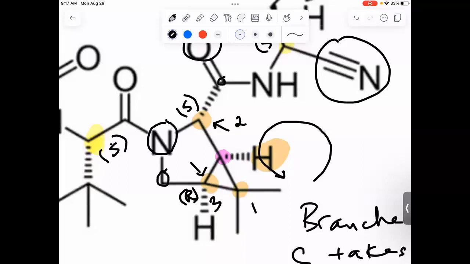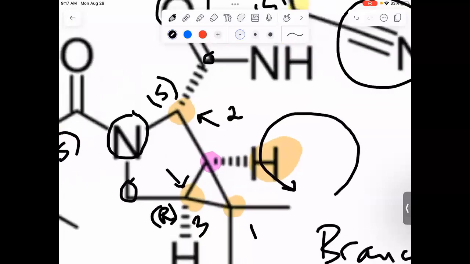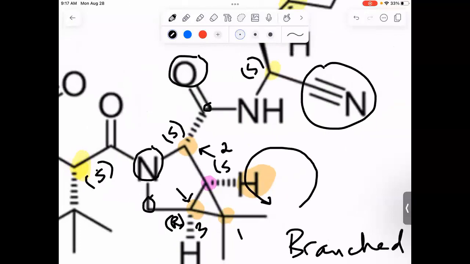Do I keep it? If H is already back, I keep it. So if it's counterclockwise, that means that other stereo center right there is what? R or S? Counterclockwise, remember, is left-handed, sinister, and then right-handed or rectus is clockwise. So what would that be? S. Good.